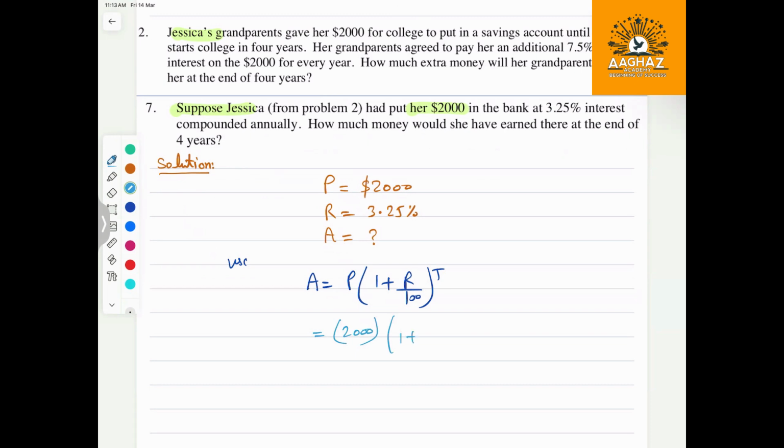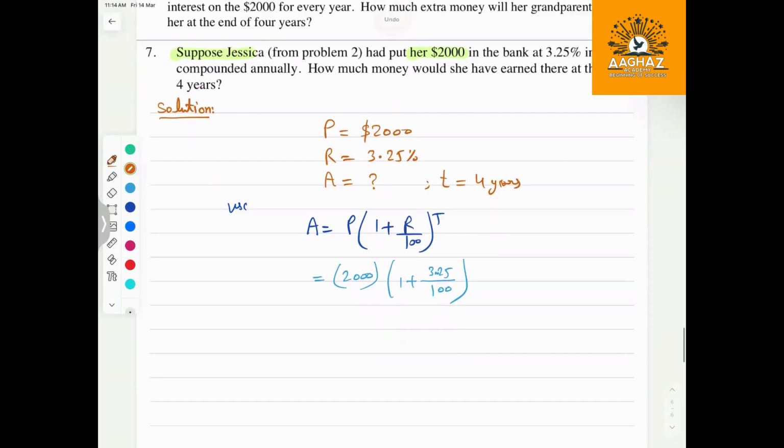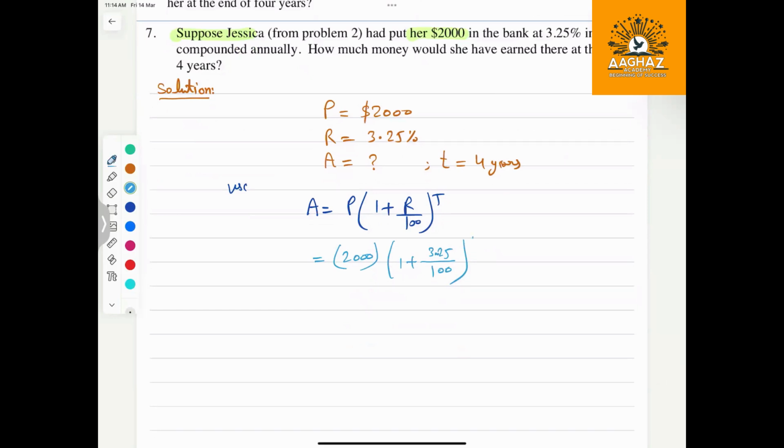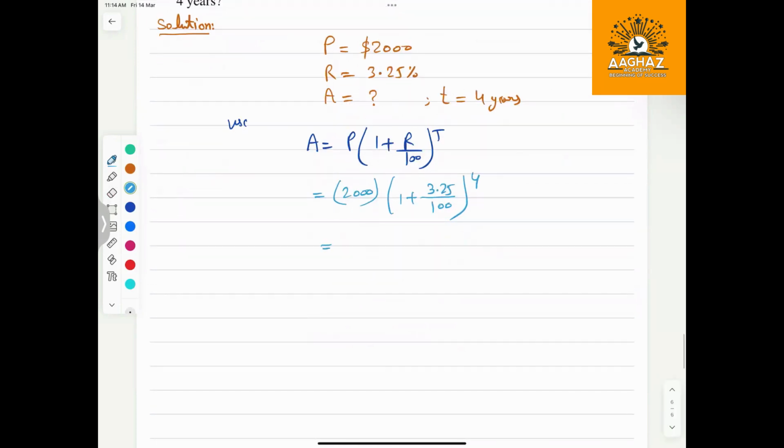R is the rate, that is 3.25 over 100, whole power time. And what will be the time? Time is 4 years, because it's written here at the end of the 4 years. It's 4. Now you will solve it to find out the answer.